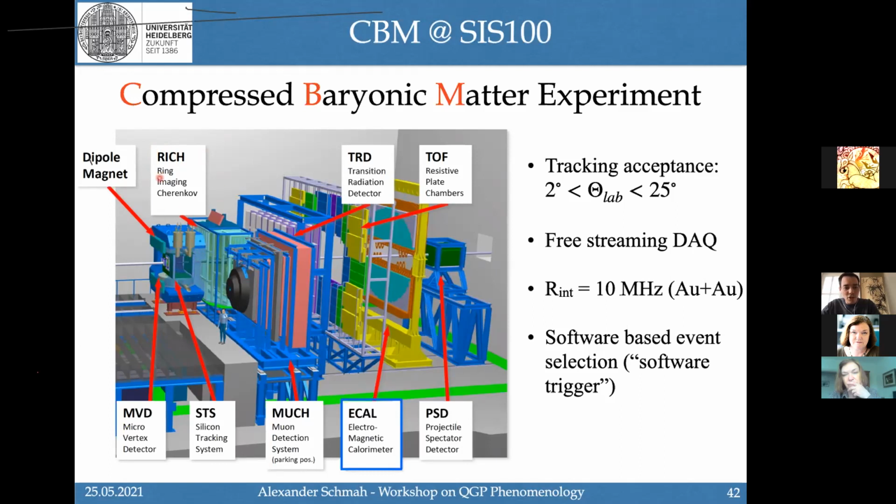So Cherenkov detector for electron-positron identification, transition radiation detector we had also in ALICE, time of flight, electromagnetic calorimeters. The important part here is that the readout rate is gigantic, about 10 megahertz. So this is really the maximum we will have in the next few years.